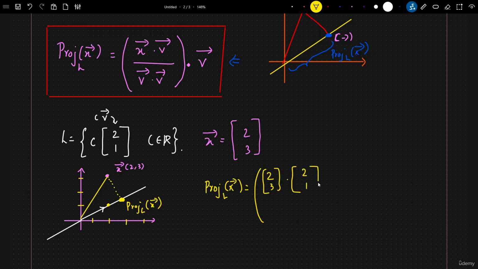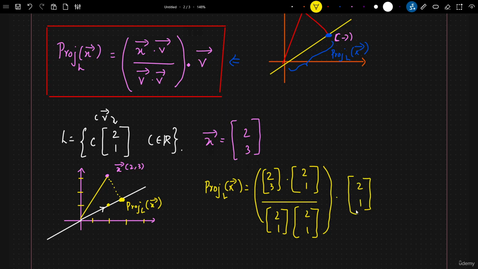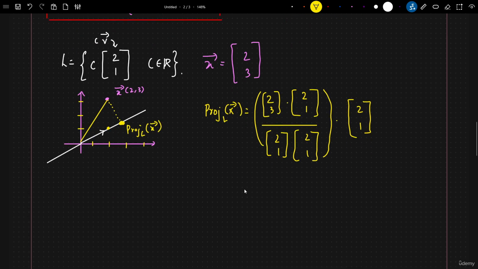I will do the dot product with this, and finally I will divide by another dot product of v with v, that is 2, 1 dot product with 2, 1.